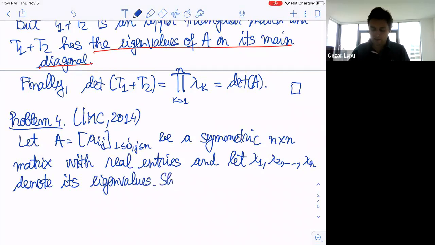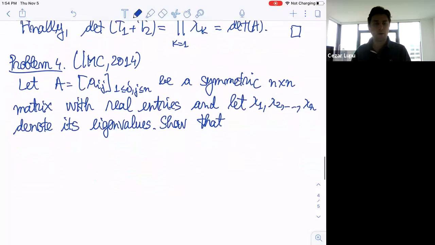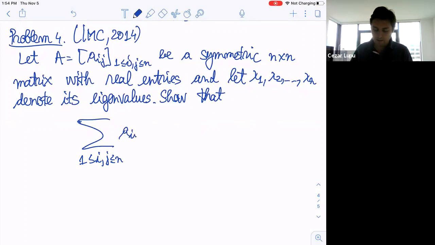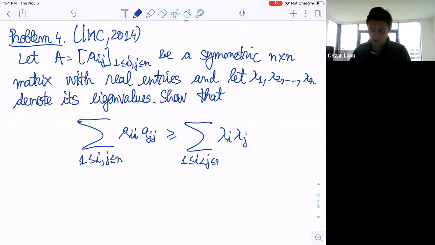Show that we have the following inequality: the sum over all i, j of a_ii a_jj is greater or equal than the sum of lambda_i lambda_j, with 1 less than or equal to i less than j less than or equal to n.